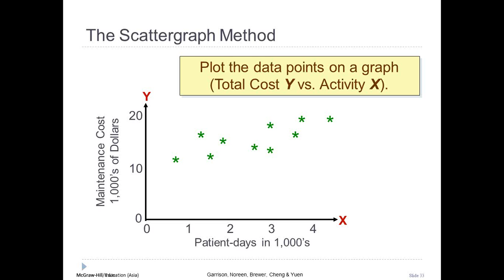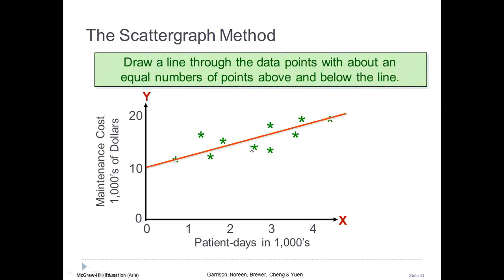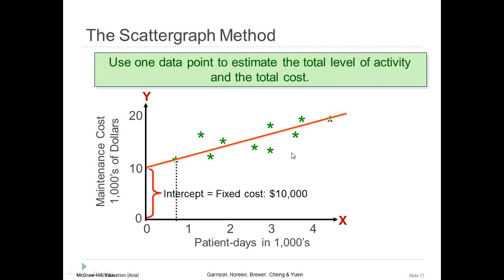So we would draw a line through them to see what pattern could be identified, and if we have a straight line, we can use an equation to calculate forecasts. So one data point estimates the total level of activity and the total cost.